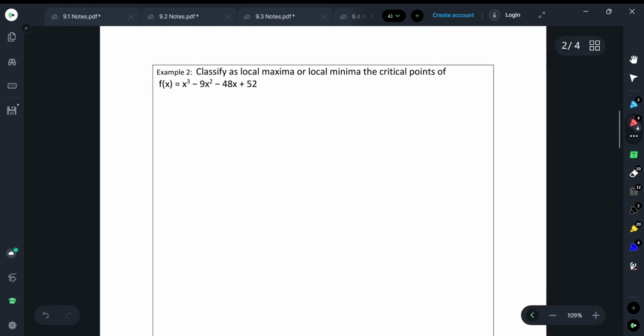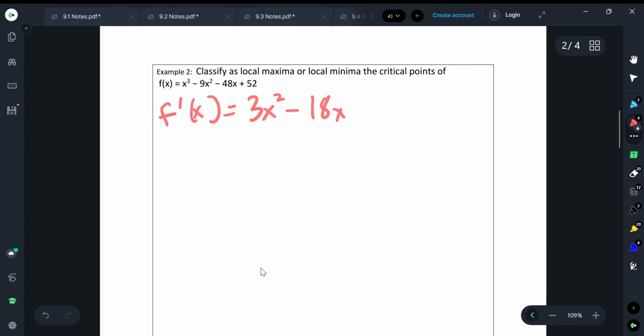There's another trick to it. You can also figure out if it's a local max or minimum. Is it the height or the lowest change in direction? All we have to do is what we did earlier: find the first and second derivative.